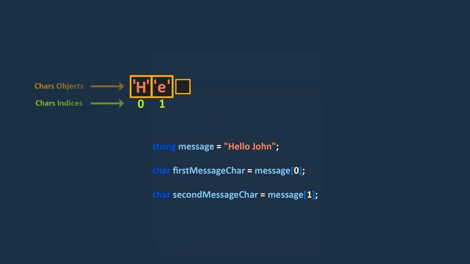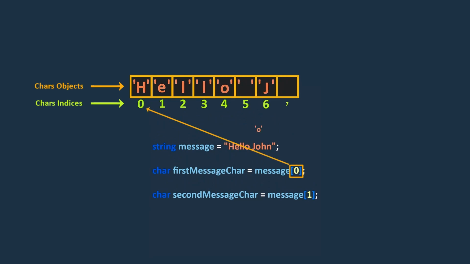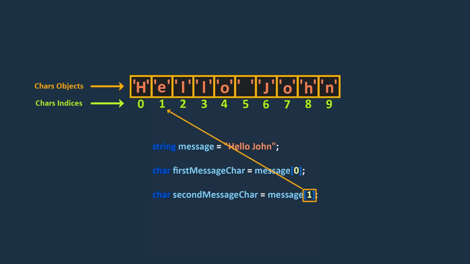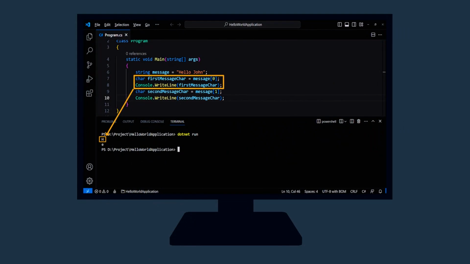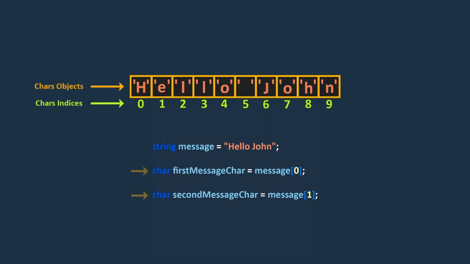In these statements, we access the first character of the message variable using the index 0, since indexing starts at 0 in C#, and the second character using the index 1. If we run these codes in VS Code, it will display the uppercase letter H and lowercase letter e, respectively, in the terminal.